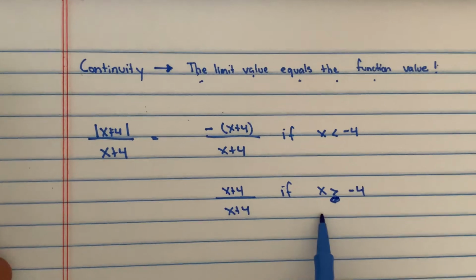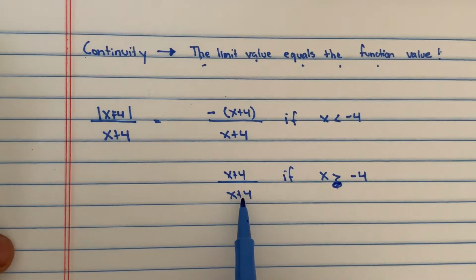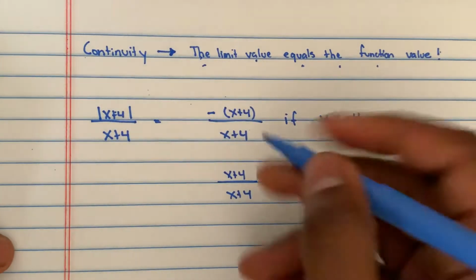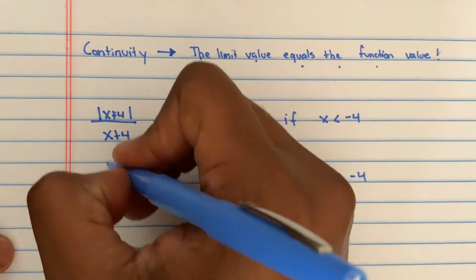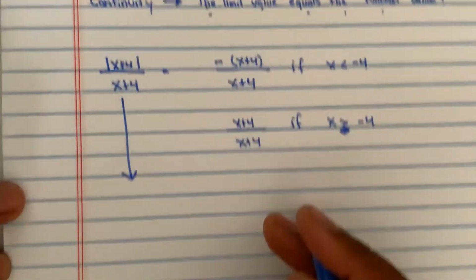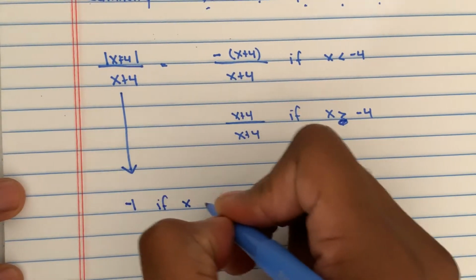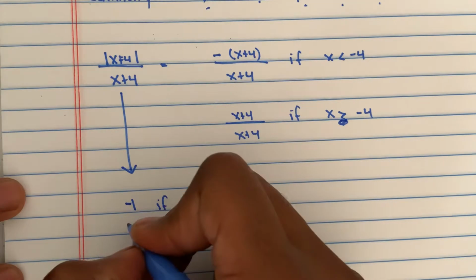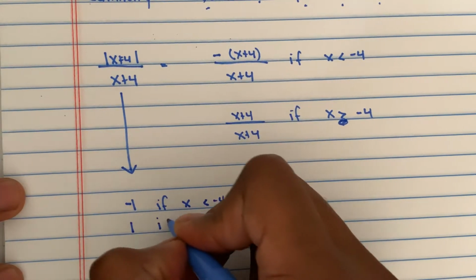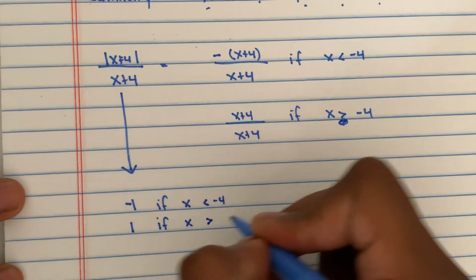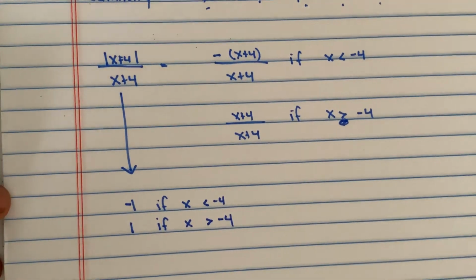The reason we did not put the equality is because we can't divide by 0. Now, this reduces. This function is actually -1 if x is less than -4, and +1 if x is greater than -4.